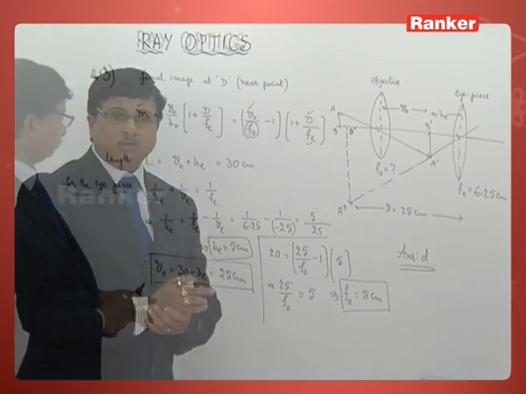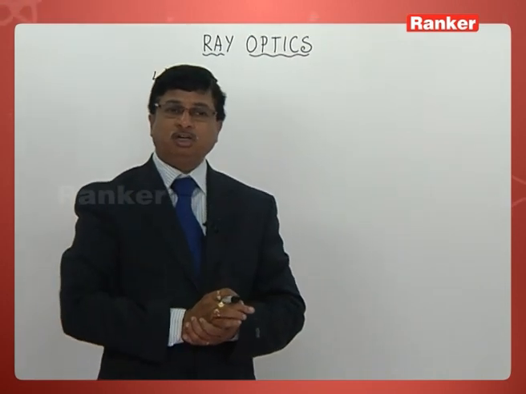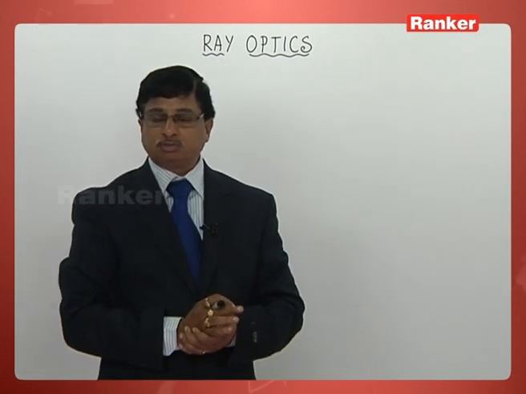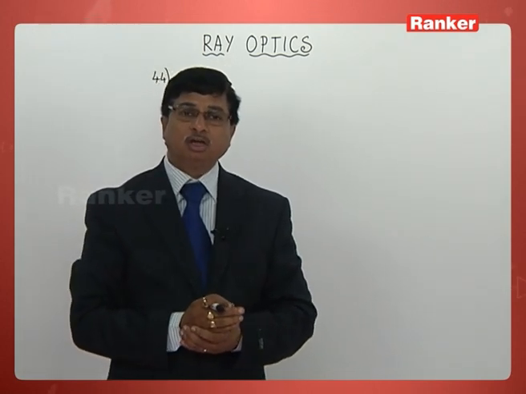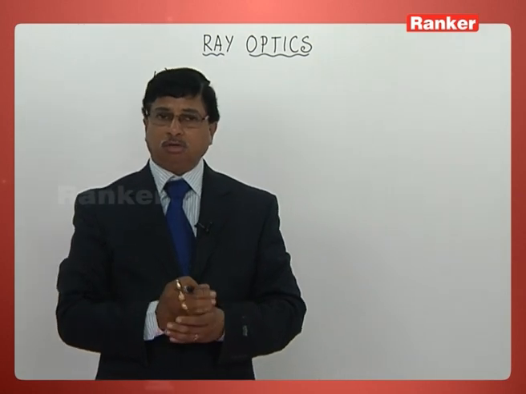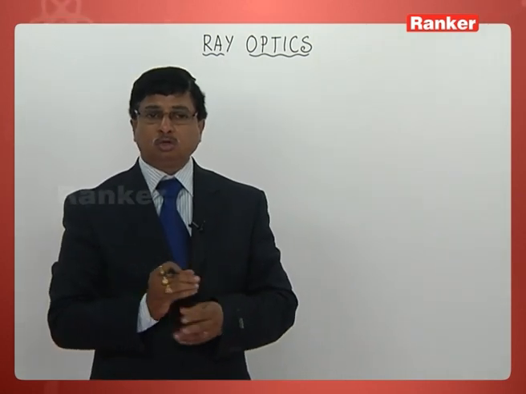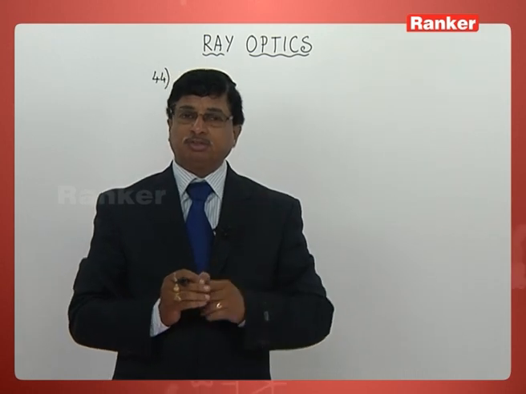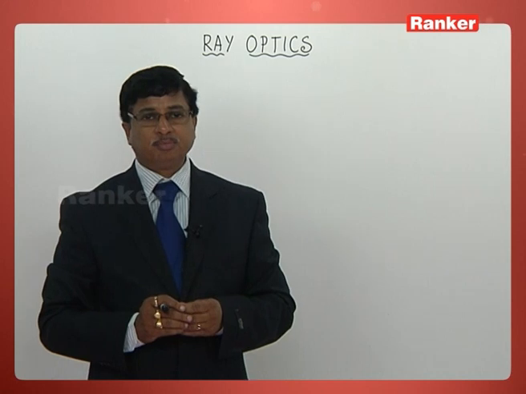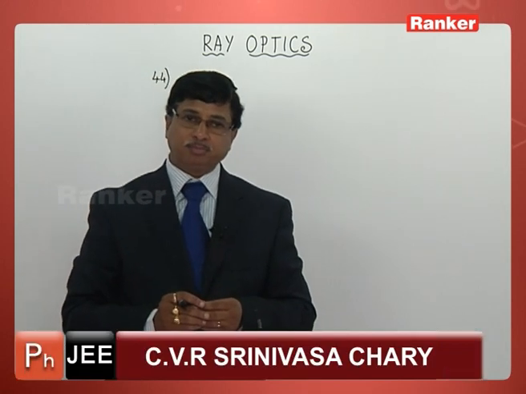From the next problem, that is 44th number onwards, a few problems we have taken based on eyepieces. In fact, we are all aware of two different eyepieces. One of course is Ramsden's eyepiece, one is Huygens eyepiece.